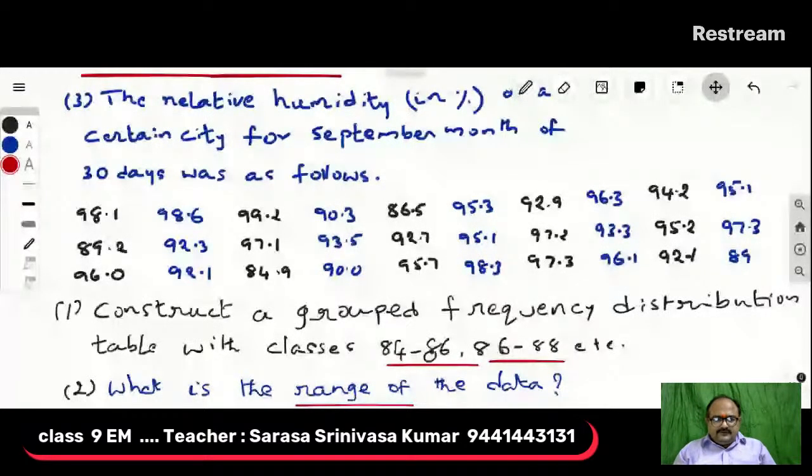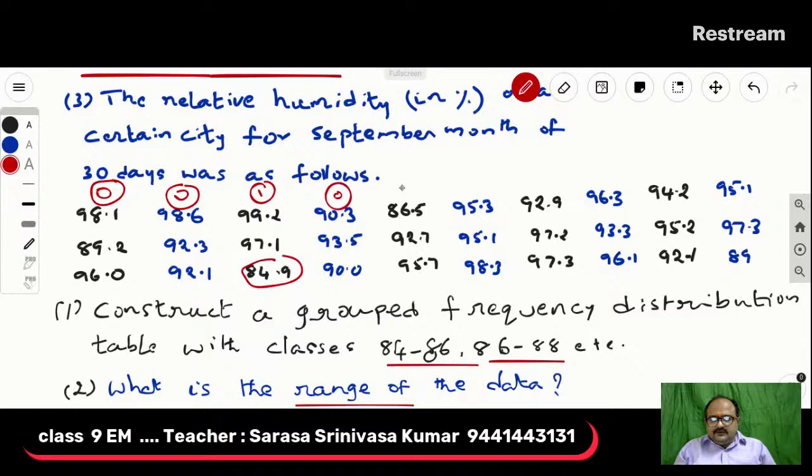Now let us observe this table. In most of the entries, no value falls in this interval.